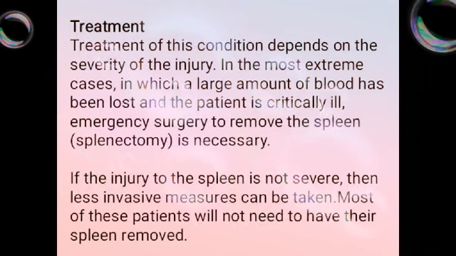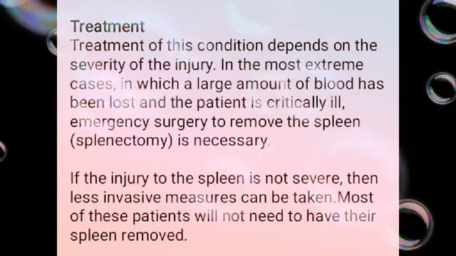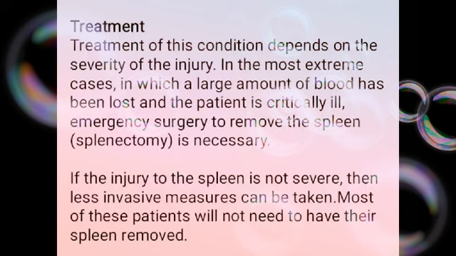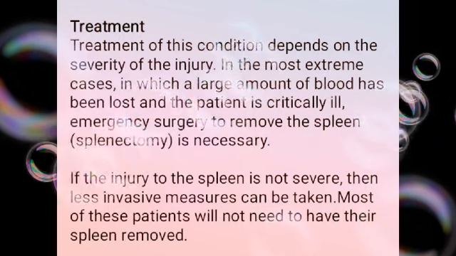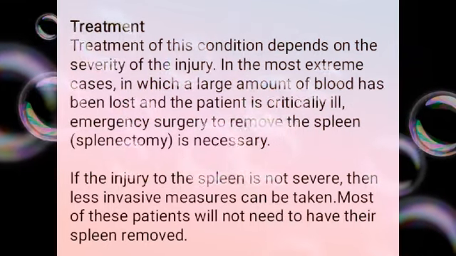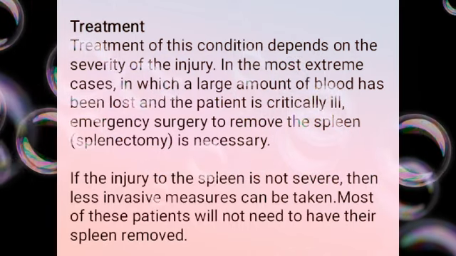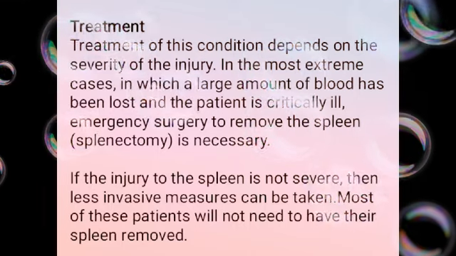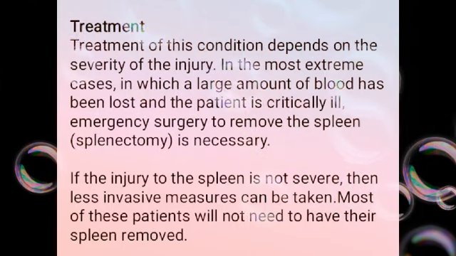If the injury to the spleen is not that severe, then only minimally invasive procedures are going to be used, and the spleen is not going to require removal. Just medical treatment and some forms of invasive procedures are used to manage the bleeding.